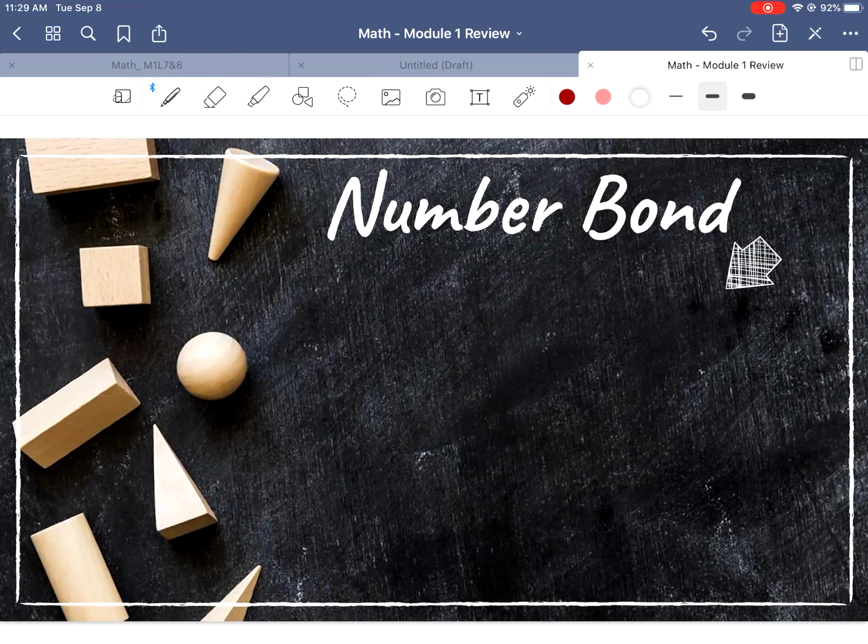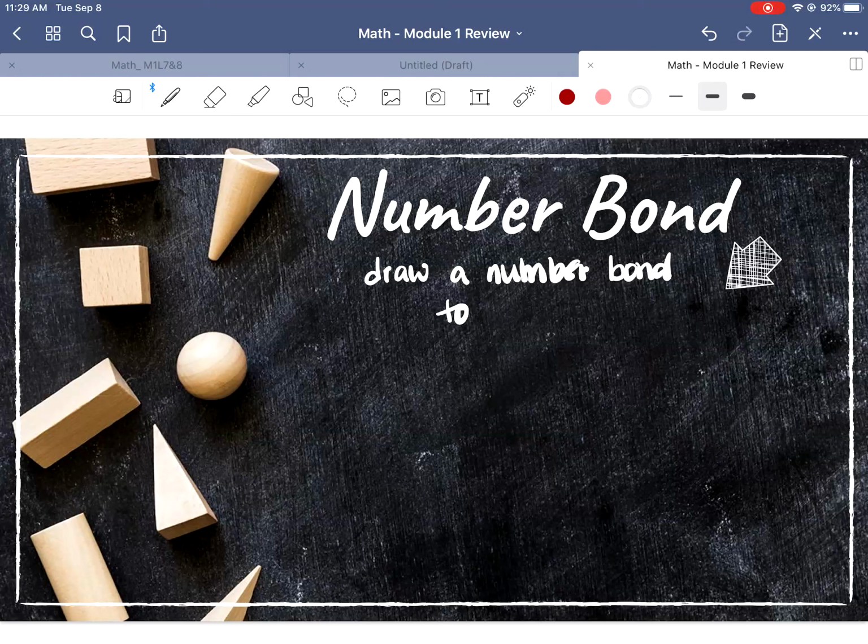Next one, number bond. Let's say there is a question: draw a number bond to show 9 times 3.